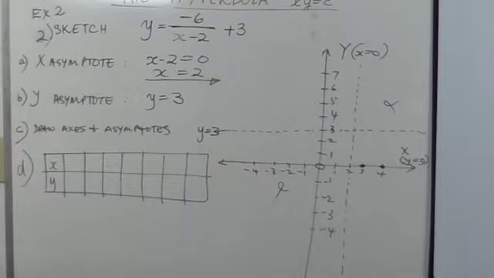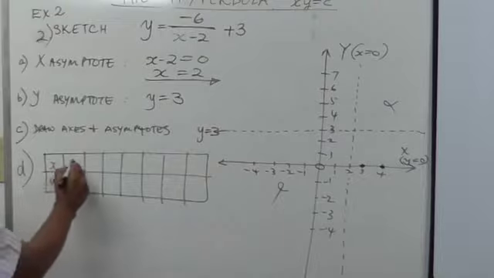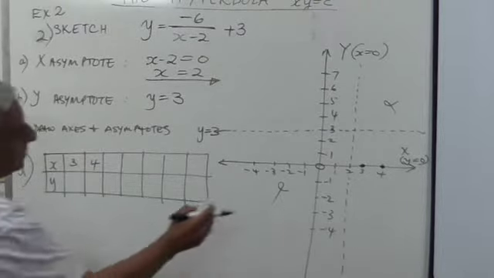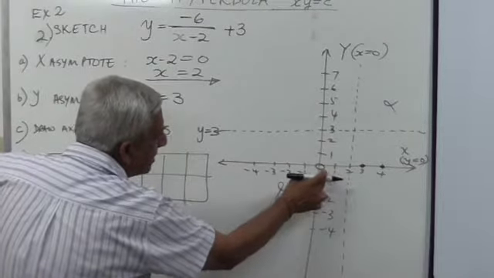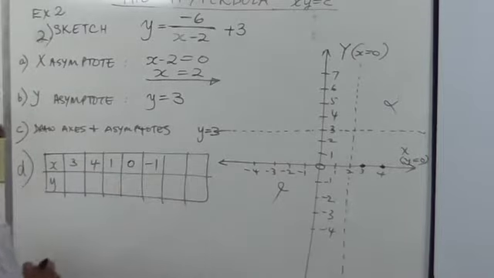We're going to take the 3 and the 4 from there, right? So there's the 3, there's the 4. Then we can use any of these numbers. So let's say we take minus 1, 0, 1.